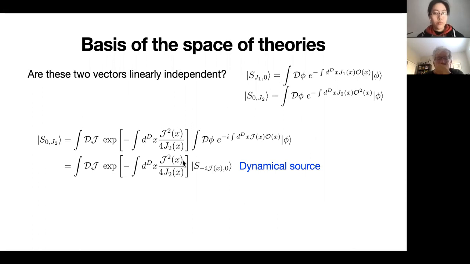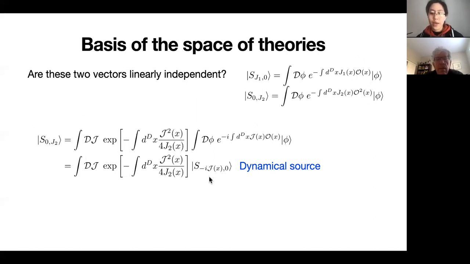You may also find this familiar if you are working on disordered problems. In those problems, you integrate over the disordered couplings, and usually a free theory is turned into an interacting theory. Here I'm doing the opposite: I use the fundamental operator O to express the vector constructed by O square.